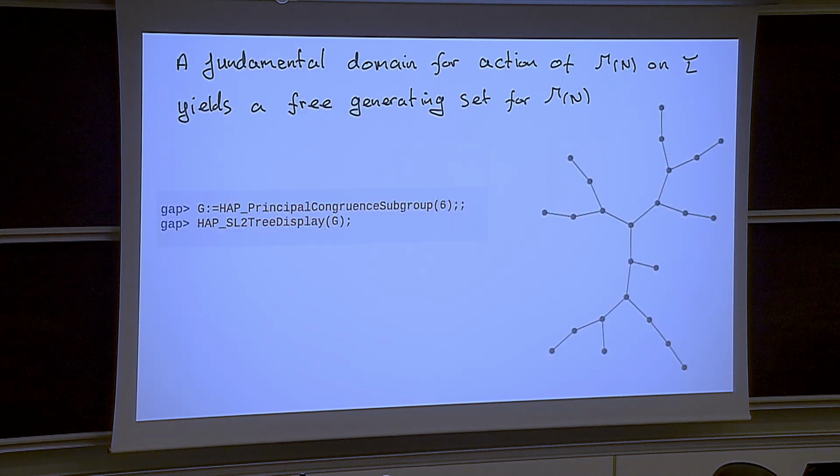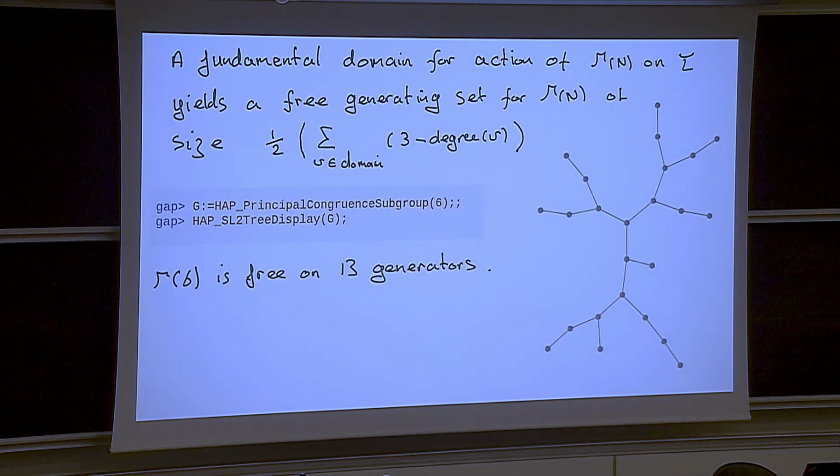So it's the same idea, and you can get minimal generating sets. Anyway, I won't go into that. I'll stick to the principal congruence subgroup case.